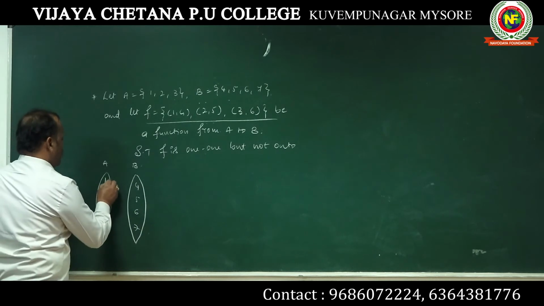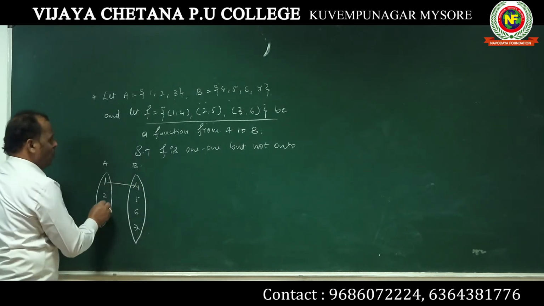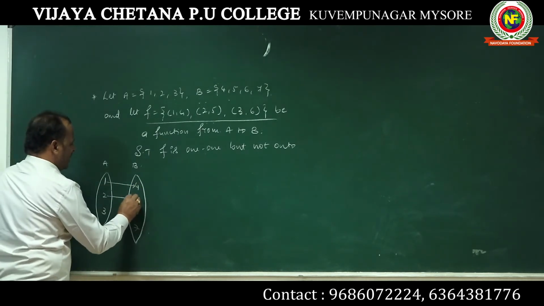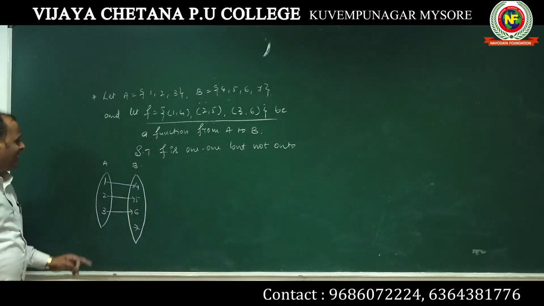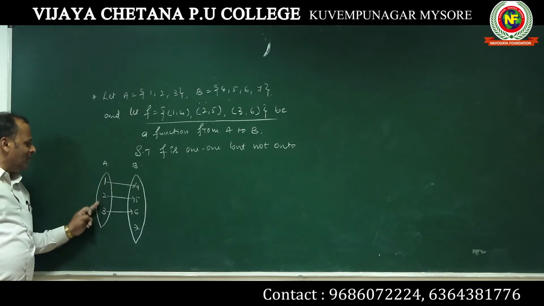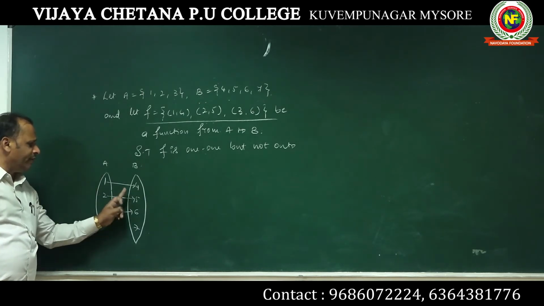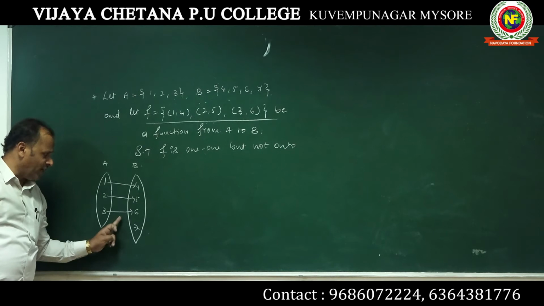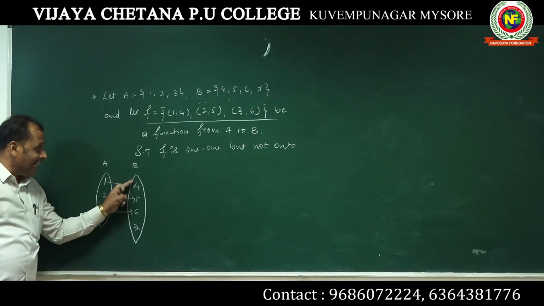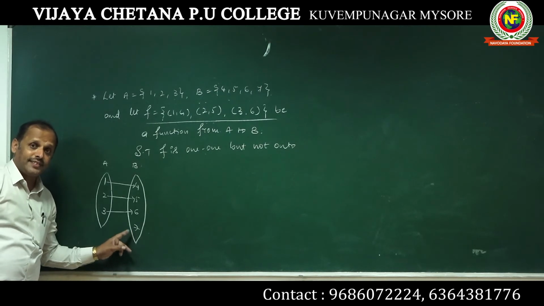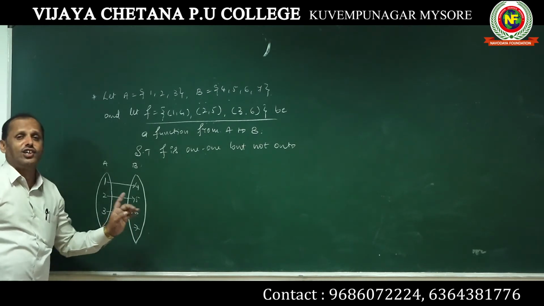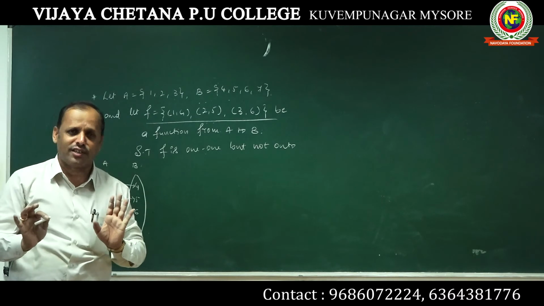Now 1 is associated with 4, 2 with 5, 3 with 6. Listen to me now. All the elements of the domain have different images, therefore it is 1-1. But all the elements of the codomain are not images here. 7 is not an image here. Therefore it is not onto. It is very simple.